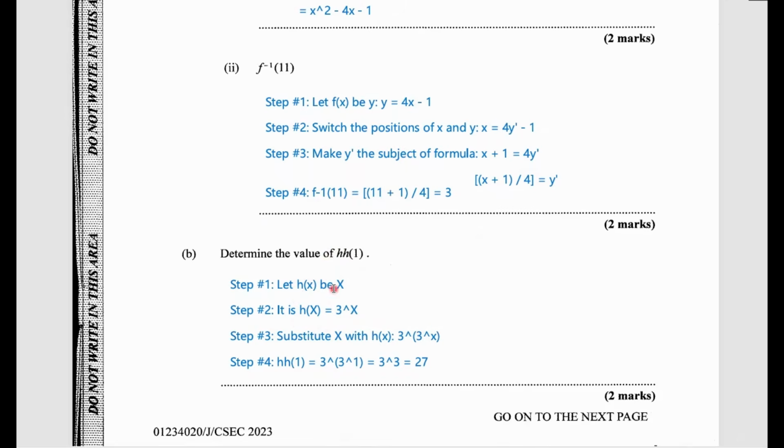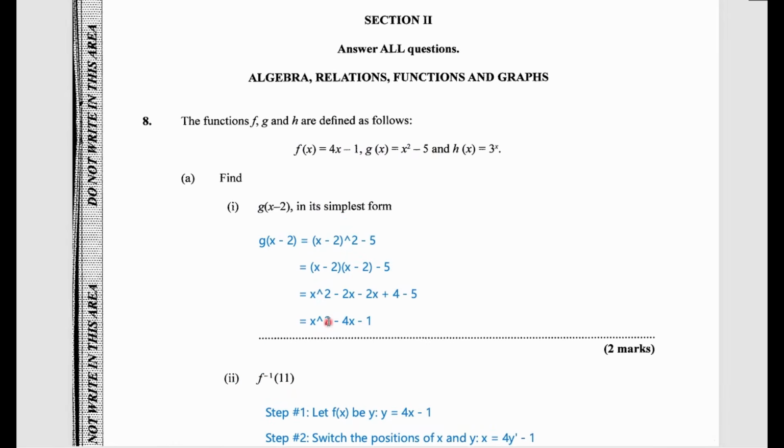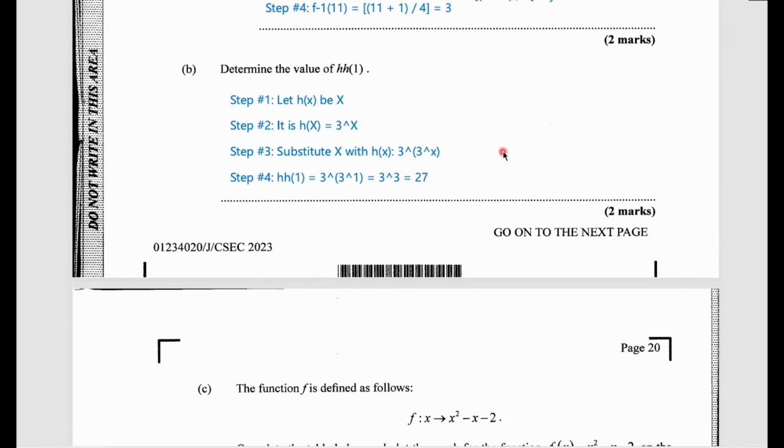So, you know, we start from right and go to left. So you have h of h of 1, but let's assume it's h of h of x for now. I'm going to let h of x be big X. So what will I get? I'll get h, which is on the extreme left now, h of big X, which will be 3 to the power of big X. And then I'm going to replace big X back with h of x.